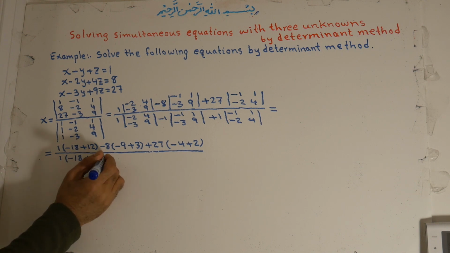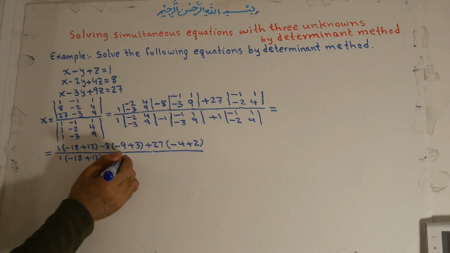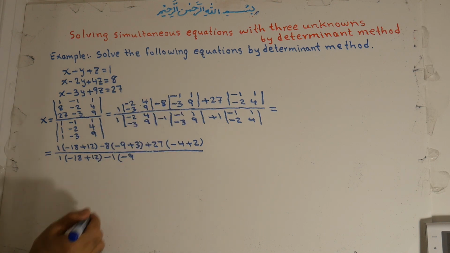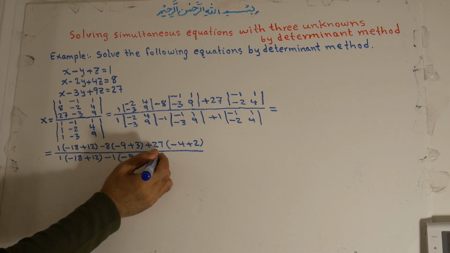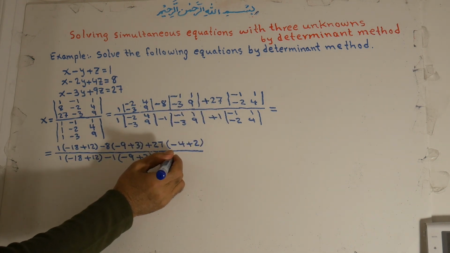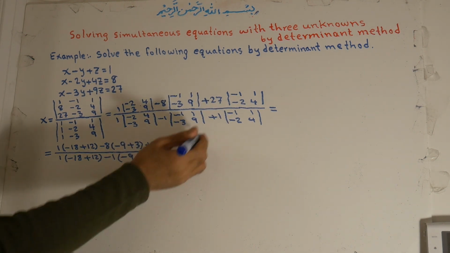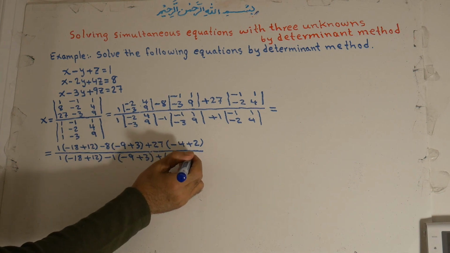Then minus 1 times: minus 1 times 9 is minus 9, minus 1 times 3 is minus 3, which becomes positive 3. Then plus 1 times: minus 1 times 4 is minus 4, minus 2 times 1 is minus 2, with the opposite sign becomes plus 2.